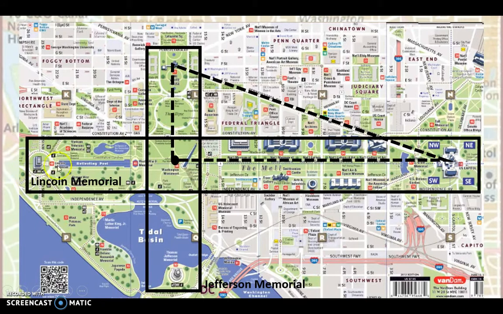I know you'll visit the Lincoln Memorial and the reflecting pool. And I believe you guys are going to go on the monument tour, which is all around this tidal basin here, ending at the Jefferson Memorial. So you guys will literally be in the center of this very purposeful, very geometric design.